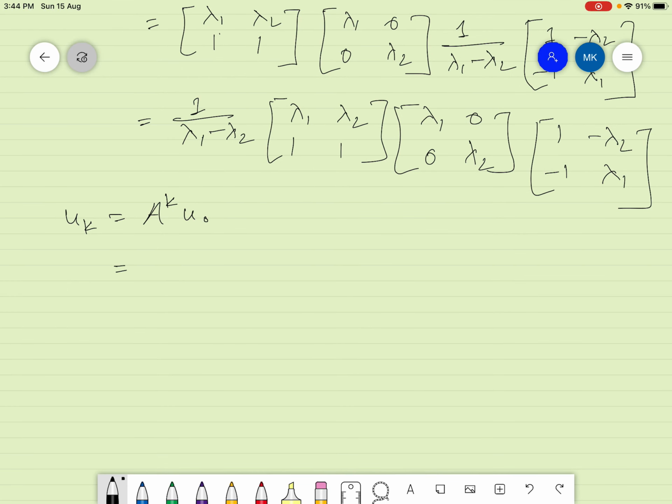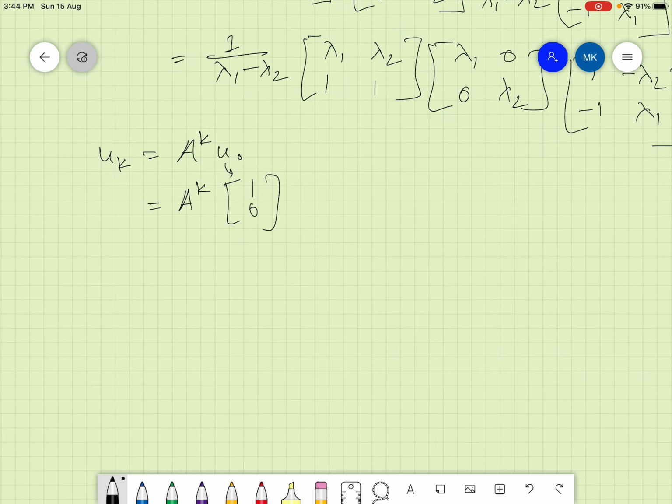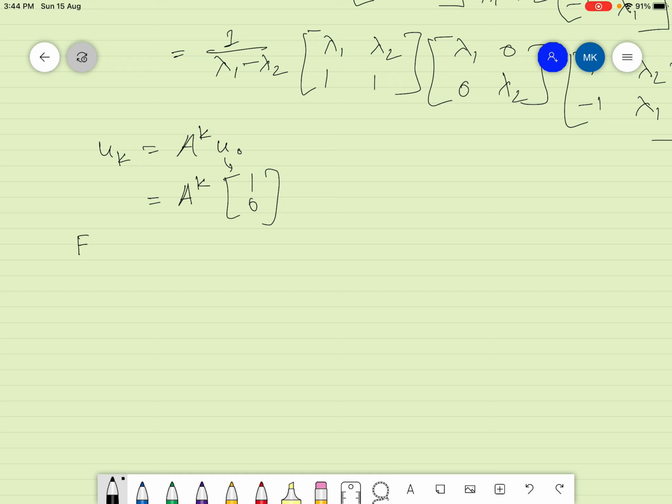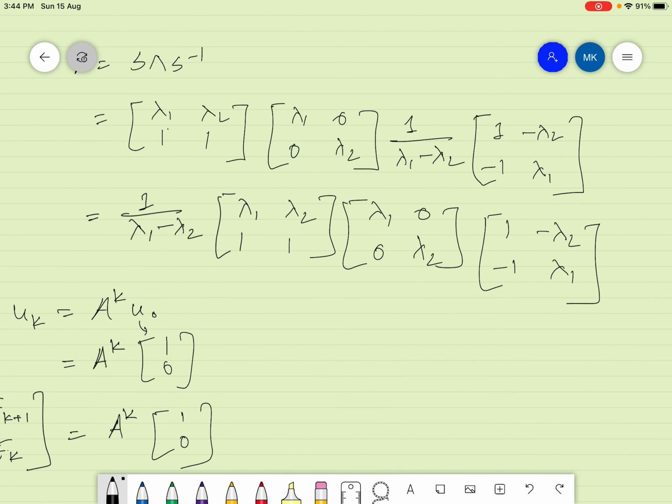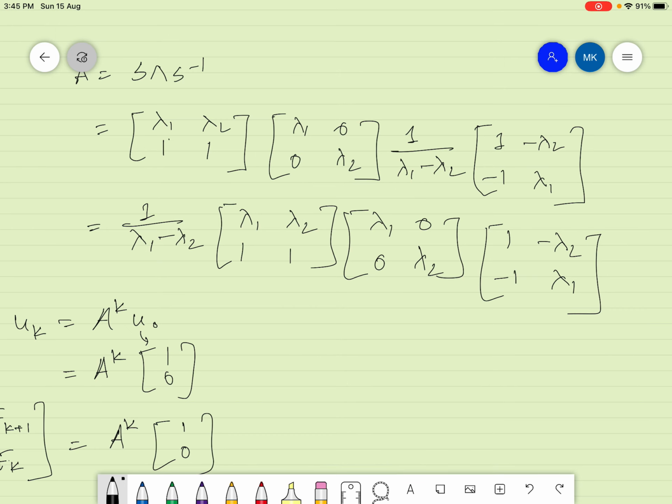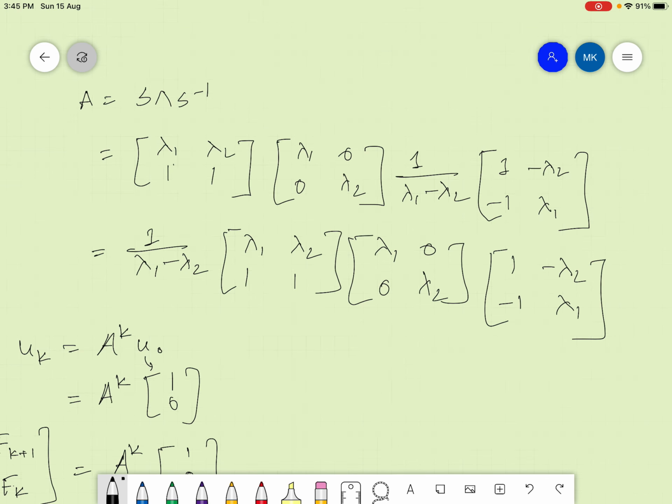So A to the power k into u naught, where u naught was this vector [1, 0], so u_k is basically [f(k+1), f(k)], this multiplied by A to the power k times [1, 0]. So A to the power k is basically this whole thing.